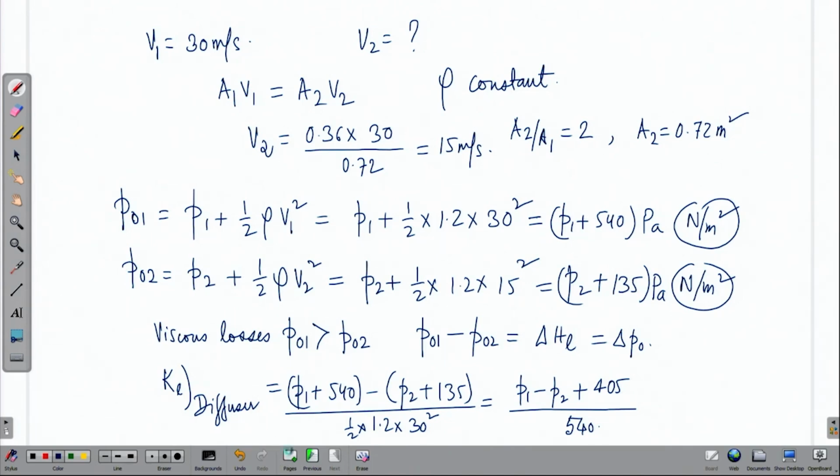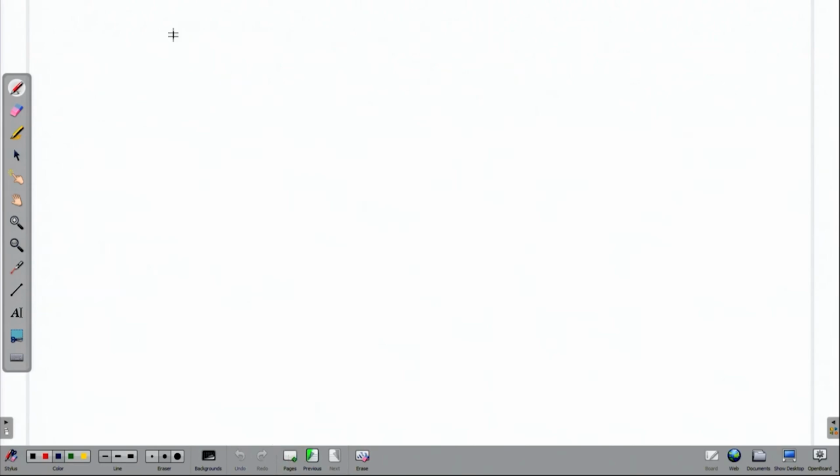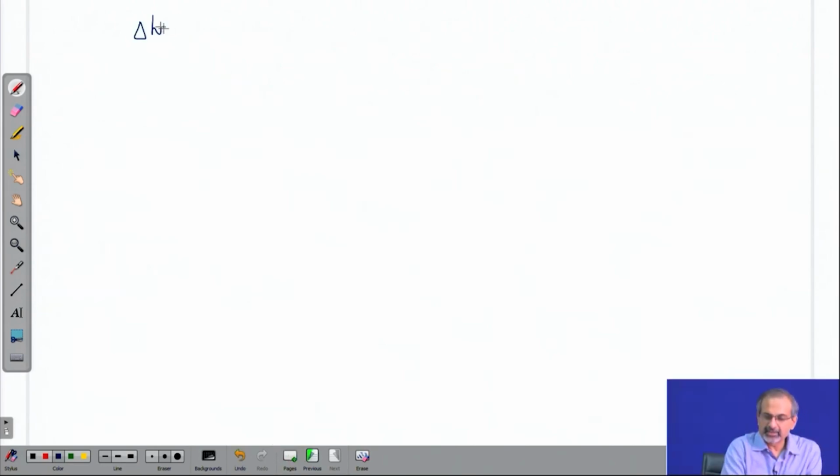Once we are done with this, let us look at the delta H that we had at the manometer end. So, let us say the delta H was 4 centimeters. How can we find out the P2 minus P1 based on the delta H?